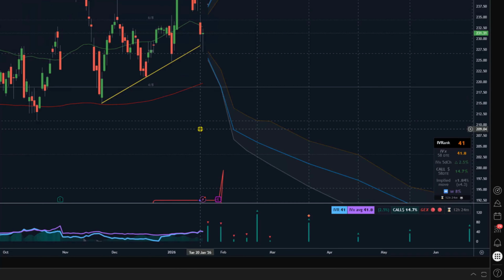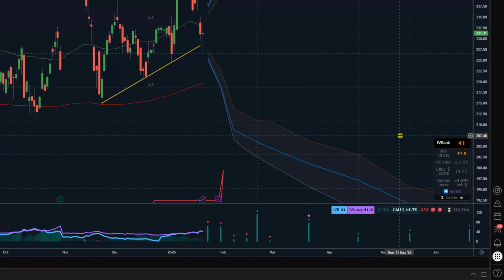Now let's change to Amazon just to show you that we are color coding the IV rank. Right now you see an IV rank of 41 at Amazon, and this 41 is a little bit above Tesla. So that's why we are color coding it. Between 35 and 50, we show it in orange. Between 50 and 70, it will be shown in red. And above 75, we are showing it in deep red.